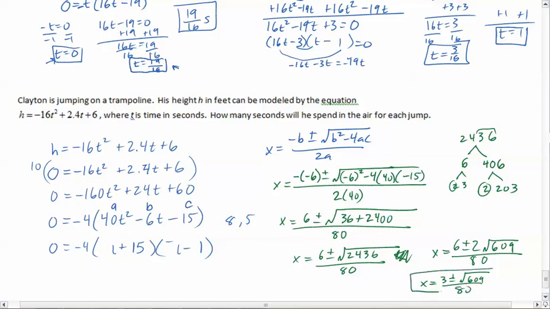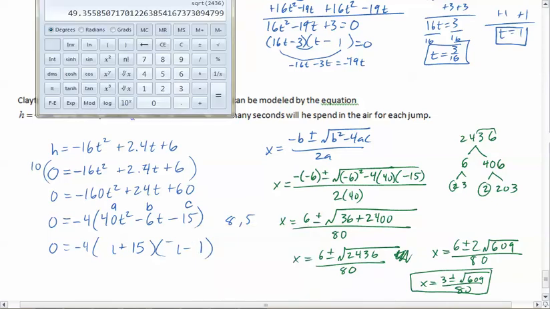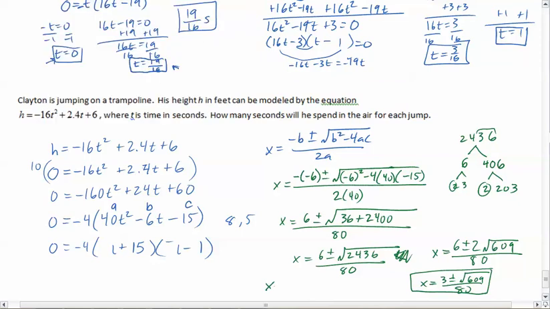So I'm okay with you leaving it like this. If in the end you really feel like you need an answer, then you can go 3 plus the square root of 609, equals, and then divided by 80, so 0.34 seconds, so x equals 0.34.